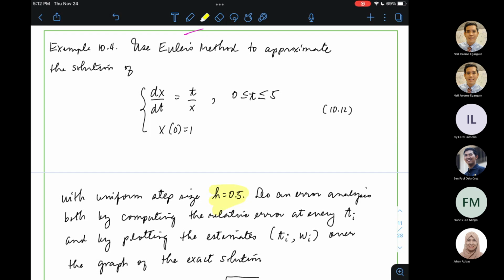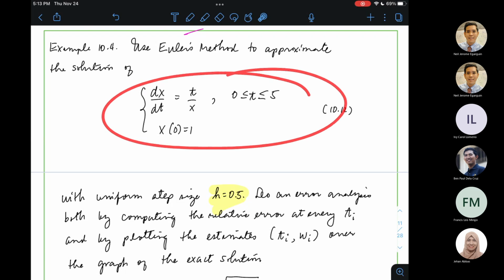Okay. So medyo malaki pa yung step size, because usually you want h to be very small. And we'll see later why exactly we want h to be very, very small. Now, okay, so if you are paying attention to example, I think it's example 10.1, sinolve ko to by hand.